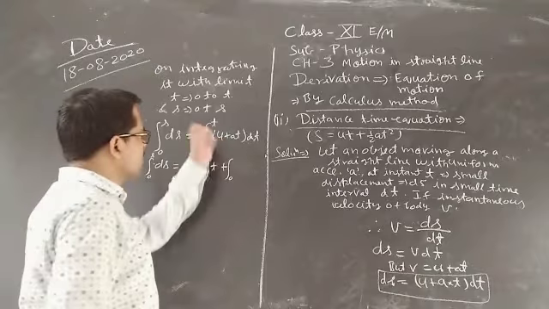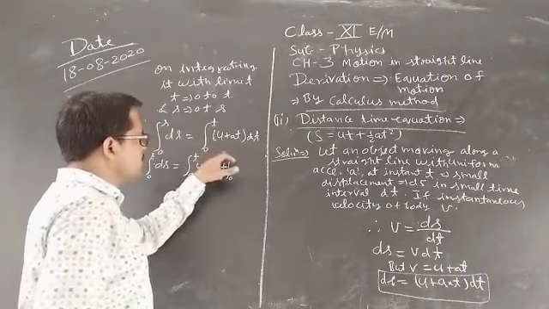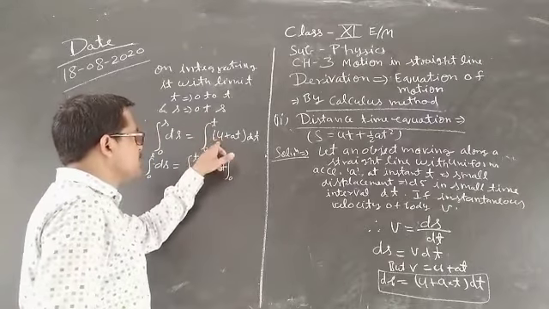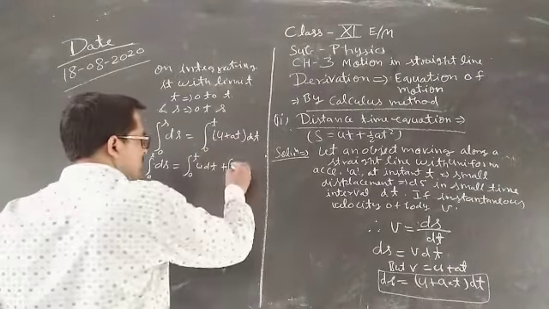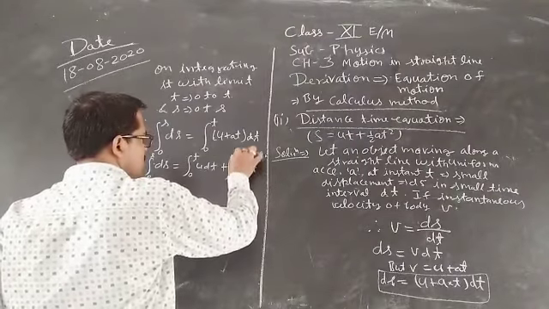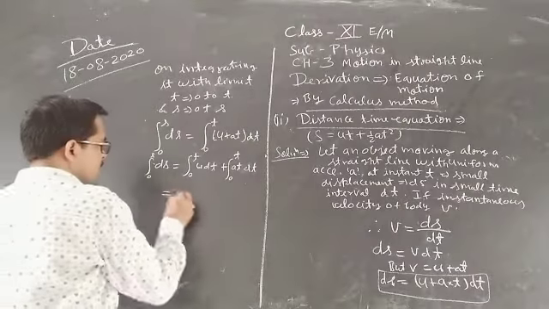Open the bracket and distribute the integration over both quantities, u and at: the integral of u dt from 0 to t, plus the integral of at dt from 0 to t. Students, here u is constant.